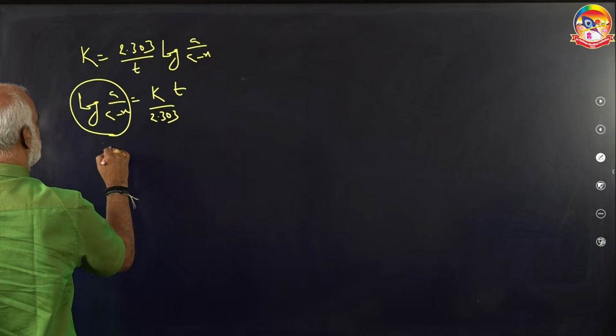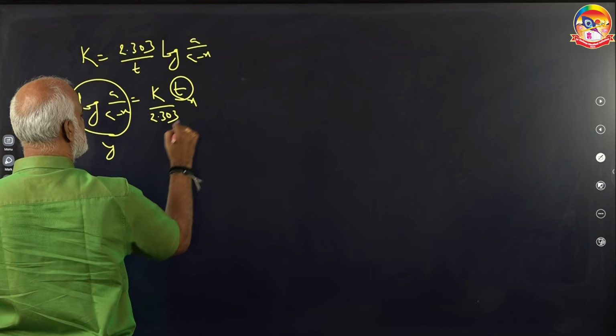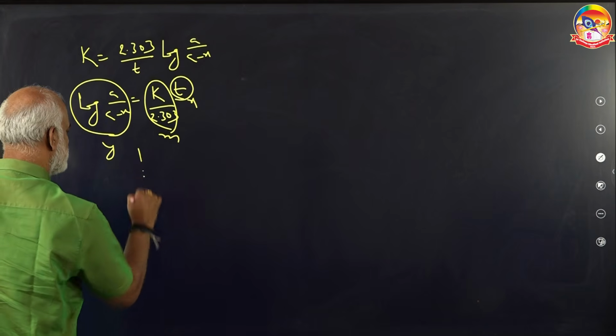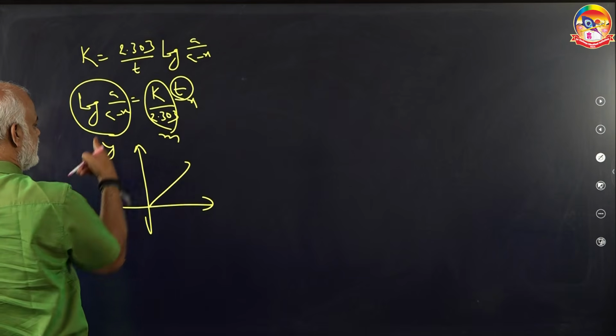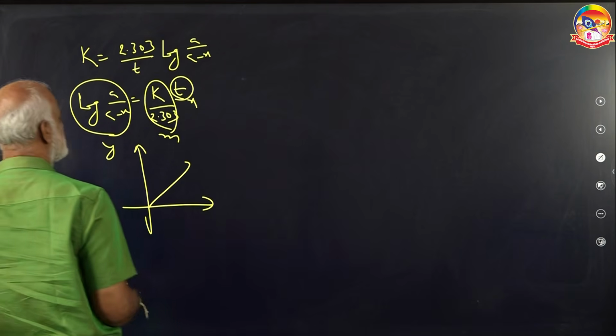If you take this on the y axis and t on the x axis, this will become the slope m. So, it will be a straight line passing through the origin.